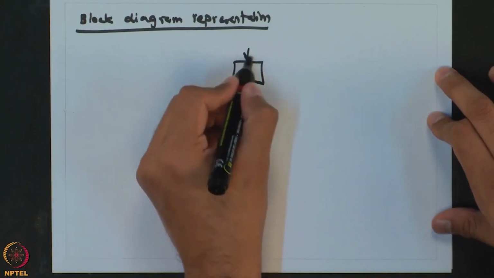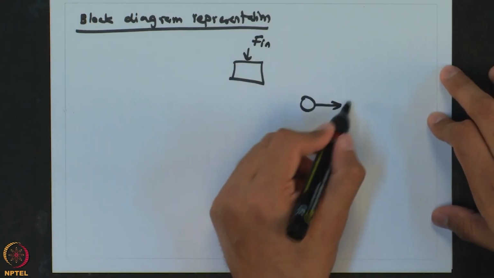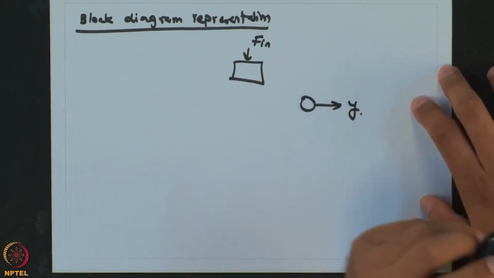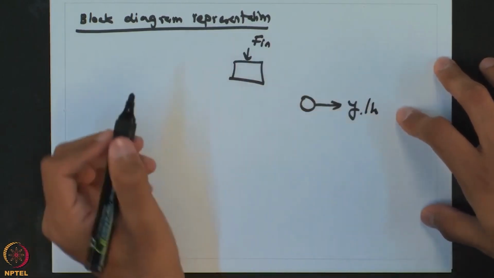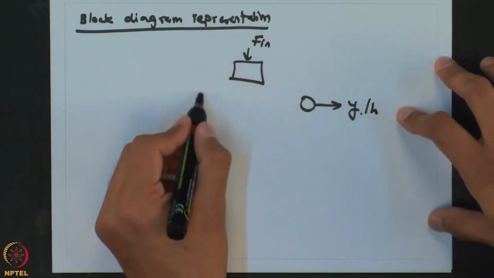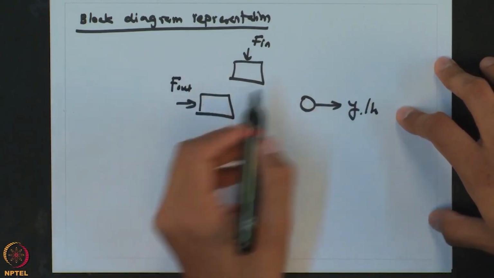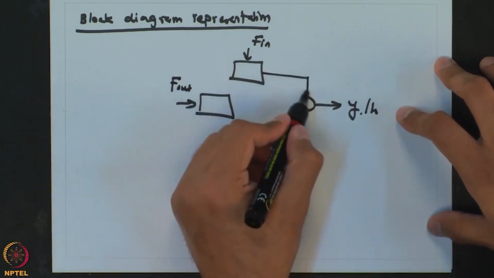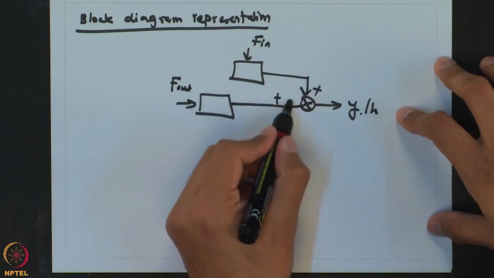One is a transfer function from F in to the output, let us say in this case the height, and the other transfer function is between F out and Y, and the actual output will be the addition of these two, the effect of F in and the effect of F out.